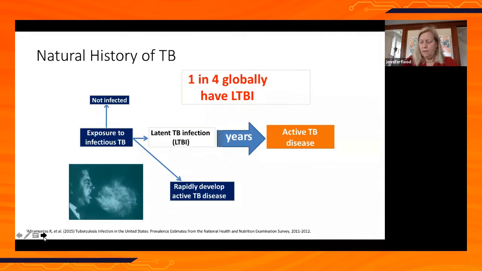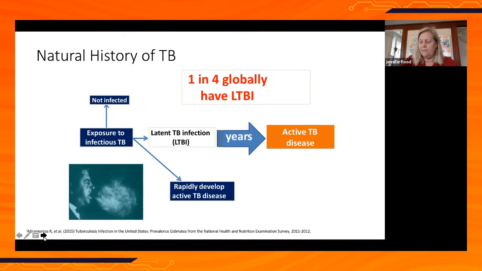However, the majority who are infected, and note that there are 1 in 4 persons worldwide that have latent TB infection, they tend to control this infection for a period, and often a long period and sometimes for life. So this infection is quiescent or smolders until years later when some may progress to active TB disease.